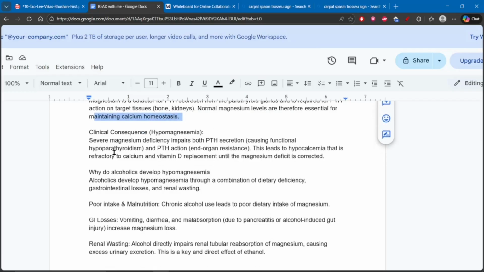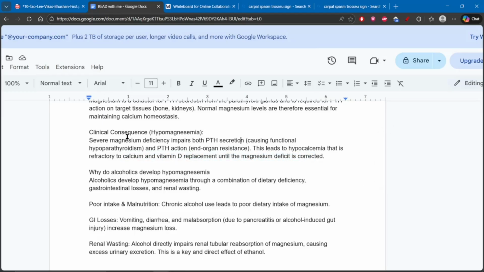If there is hypomagnesemia, then there will be impaired secretion of PTH, and also PTH end organ resistance. So there are two things: one is that there will be less PTH, and the second is that the PTH would work less, with end organ resistance. This would lead to hypocalcemia that is refractory to calcium and vitamin D replacement until the magnesium is corrected.